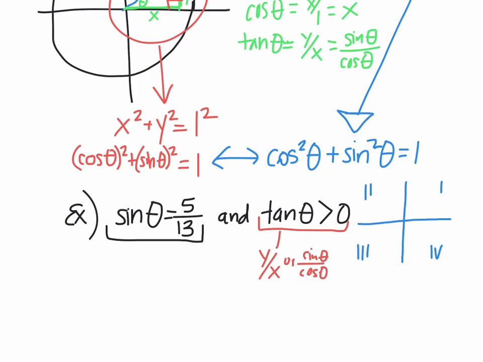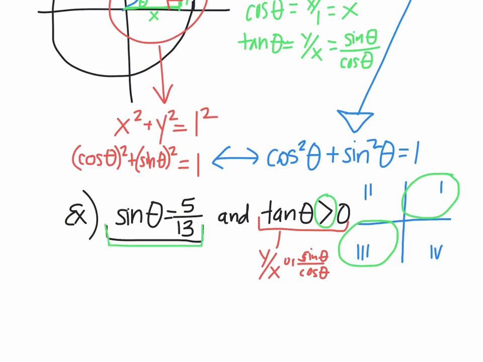That would mean that either x and y are both positive, or x and y are both negative, because a negative divided by a negative is positive. So in order for tangent to be greater than 0, that's going to happen either in the first quadrant or in the third quadrant. So I have to put that together with what they just gave me.